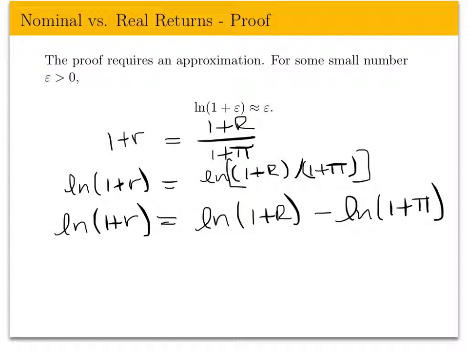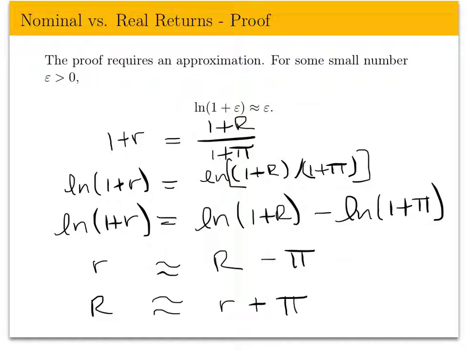And now using the approximation above, I see that r is about equal to capital R minus pi. Similarly, we can rearrange the equation and say the nominal interest rate is about equal to the real interest rate plus inflation. So if I'm earning a 10% nominal return and inflation is 2%, then my real purchasing power is about 8%.